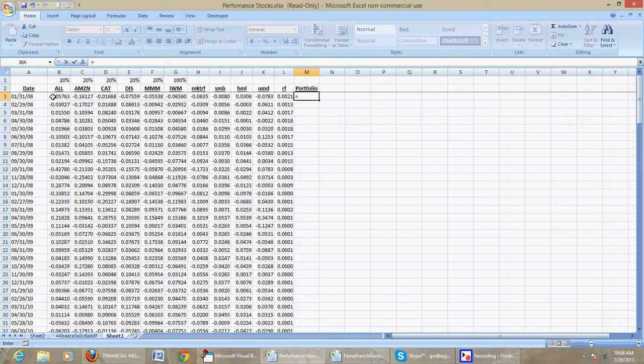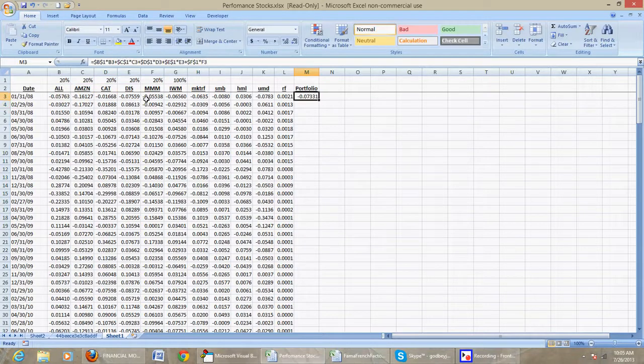And what I want to do is have this 20%, and that's not going to change. I hit the wrong button. So this 20%, that's not going to change, times the return, plus the weight of Amazon, which doesn't change, times its return, plus the weight of Caterpillar, times its return, plus the weight of Disney, times its return, plus the weight of 3M, times its return.